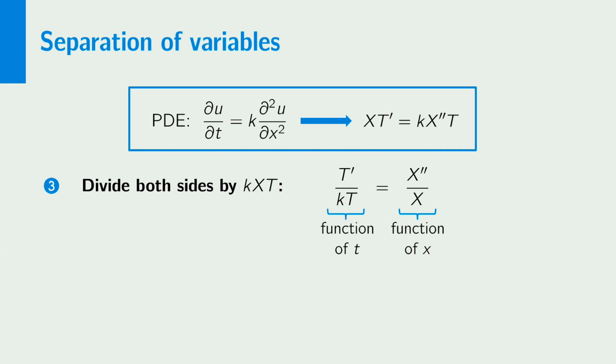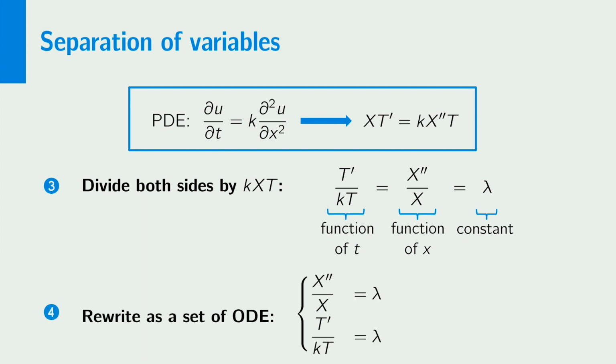And because the right-hand side equals the left-hand side, the left-hand side stays constant as well. Similarly, if we change the value of x on the right-hand side, both sides of the equation must stay constant. Let's call this constant lambda. Finally, the left and the right-hand side give us a pair of ODEs which can be rewritten in this form.